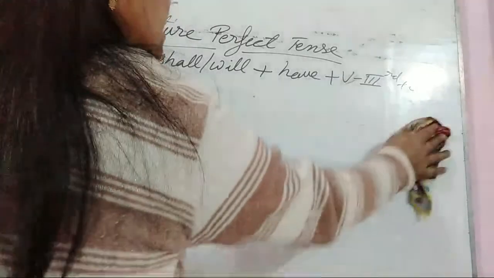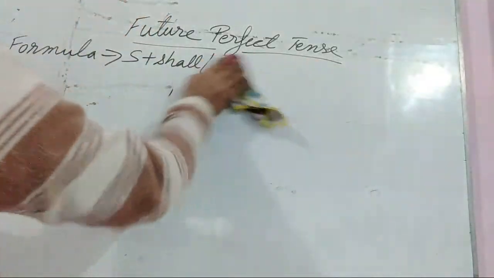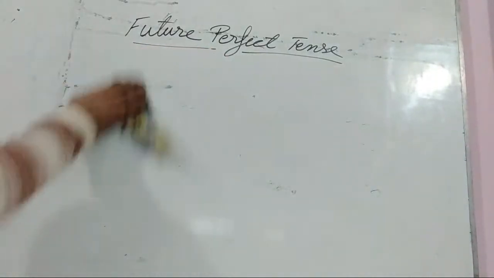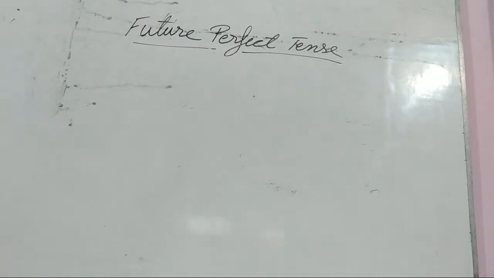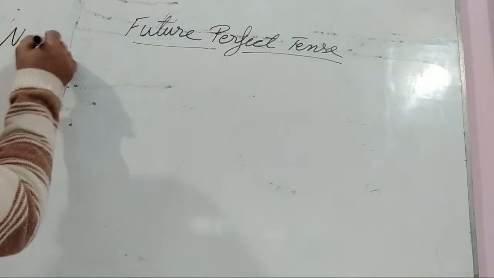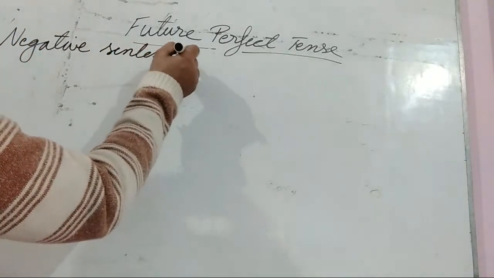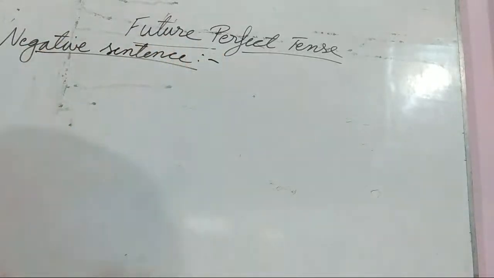Now students, let's see how to change a sentence into a negative sentence in future perfect tense. How to make a negative sentence in future perfect tense. Let's see the formula for it.